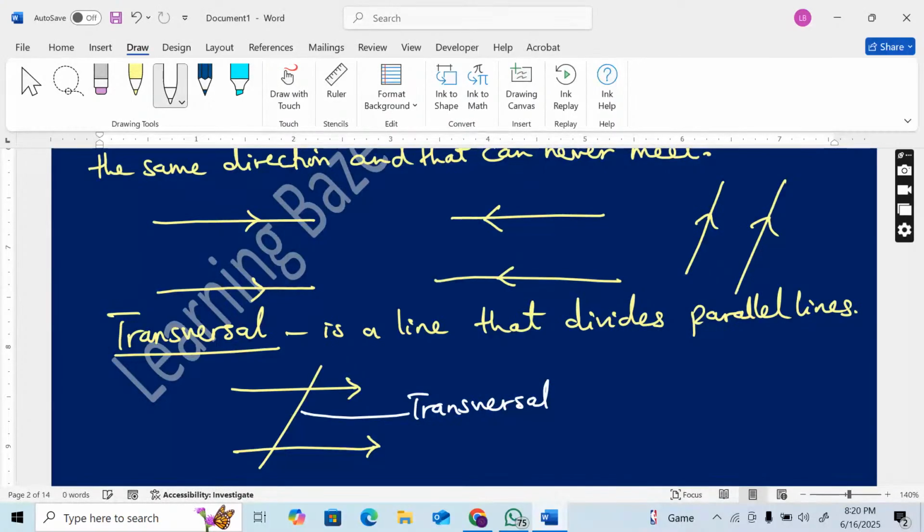All right. This line that is crossing the two parallel lines is called a transversal. So a transversal is a line that divides parallel lines.